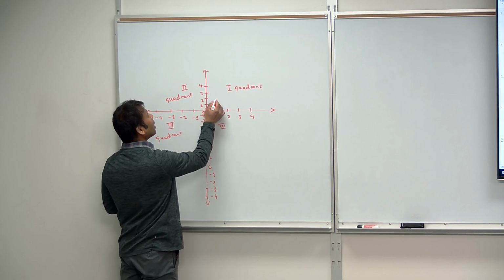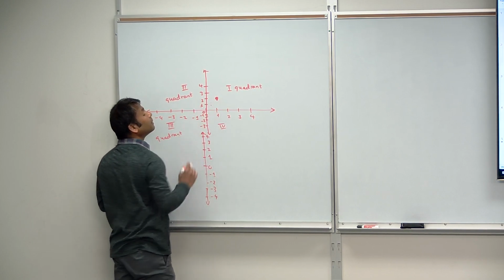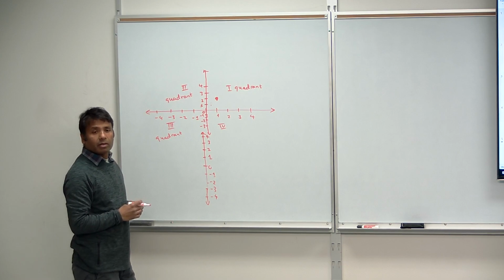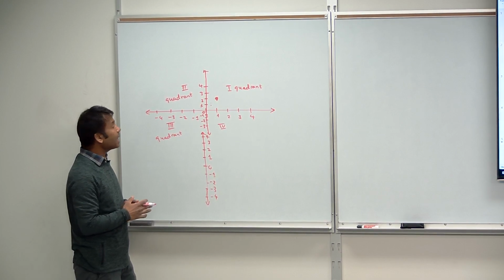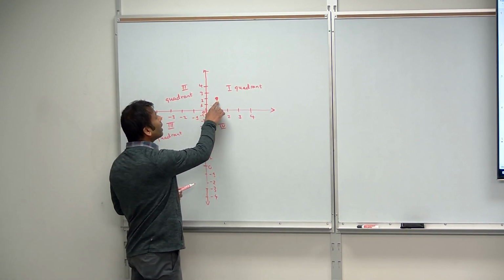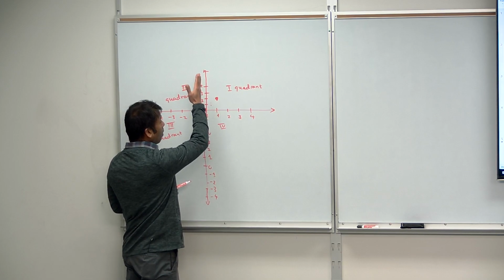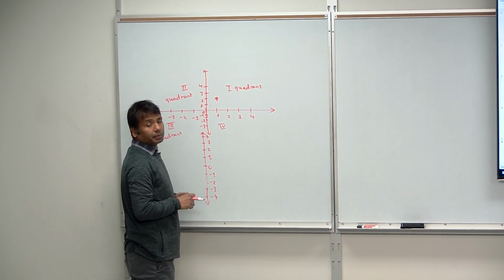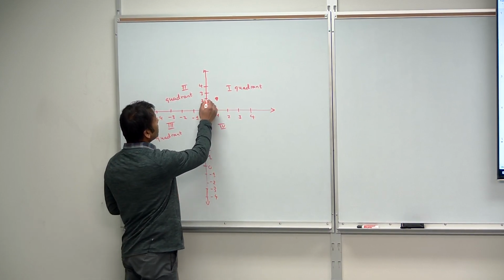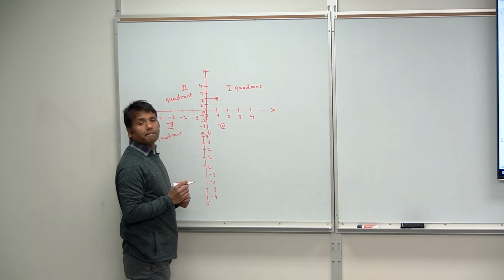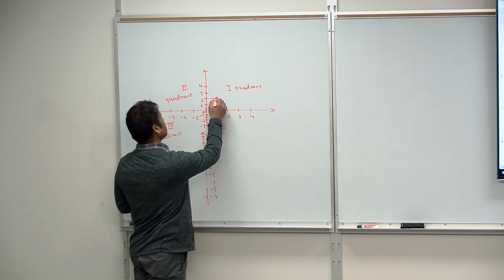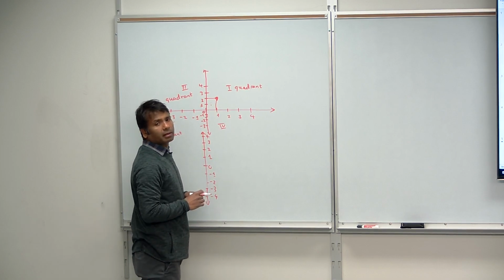So now if you have a point here, the position of this point can be determined by the distance of this point from the y-axis, this distance, and then from the x-axis, this distance, right?